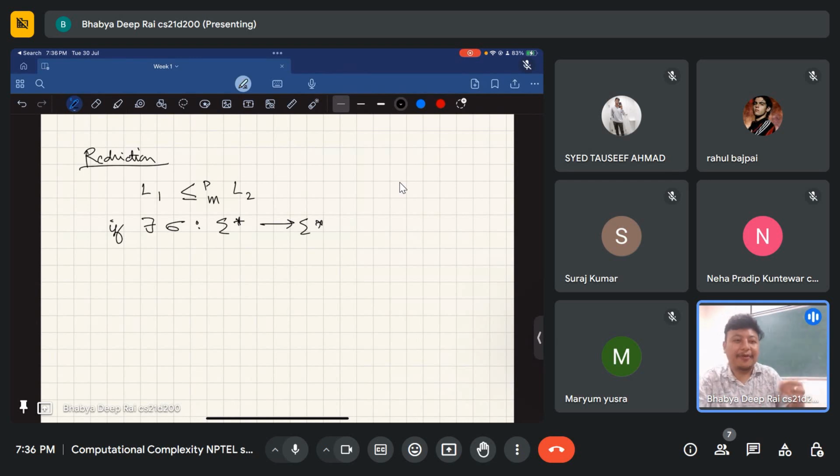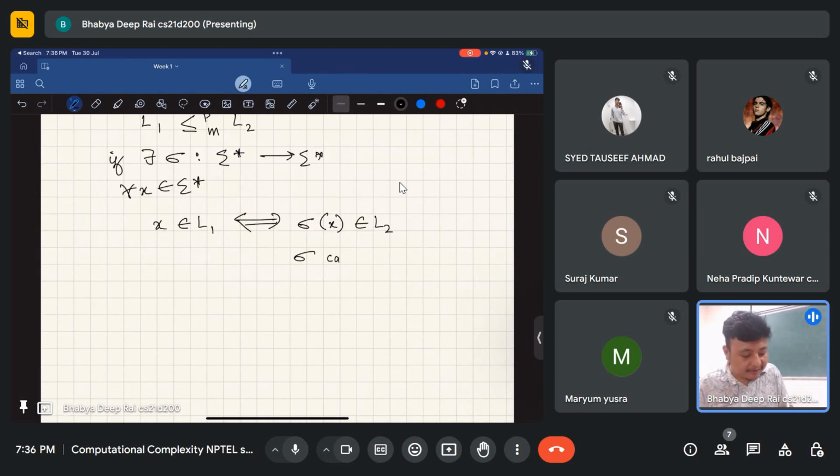It is a tool to solve problems, such that for any x, x is in the first set L1 if and only if sigma of x is in L2. So sigma is actually a transformer. This is what the reduction actually is. Furthermore, sigma can be computed in polynomial time.